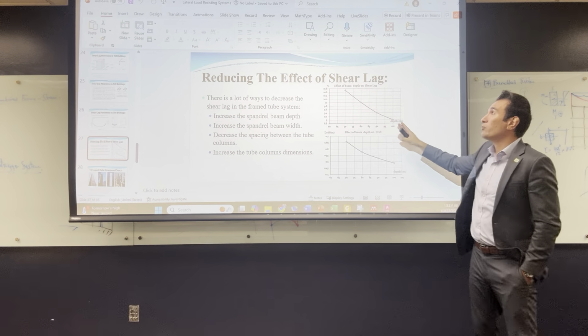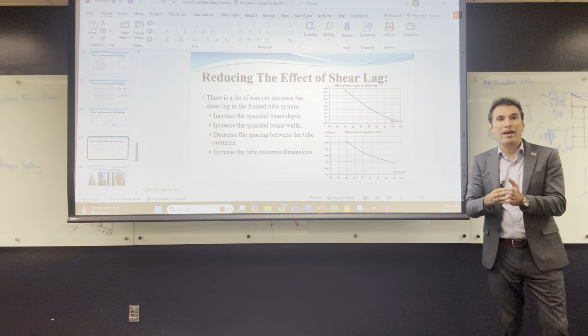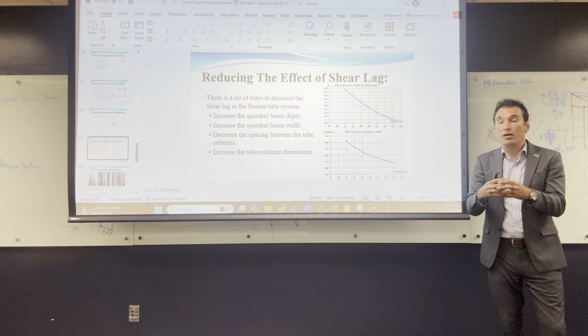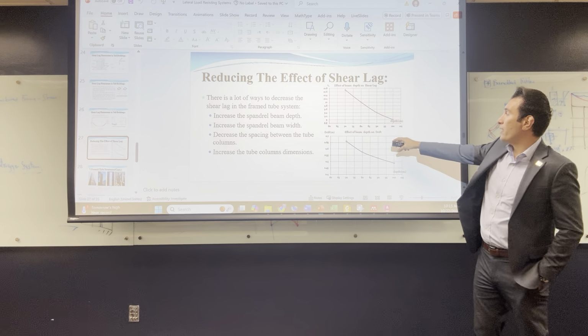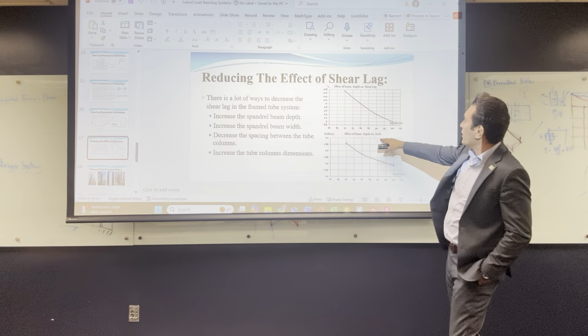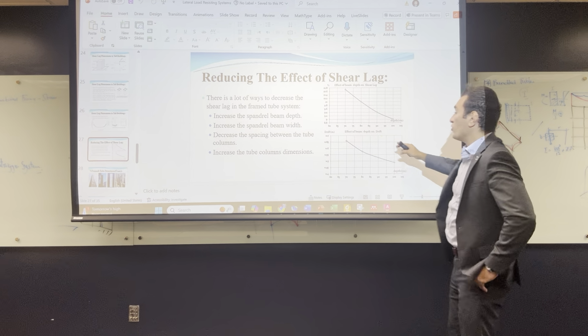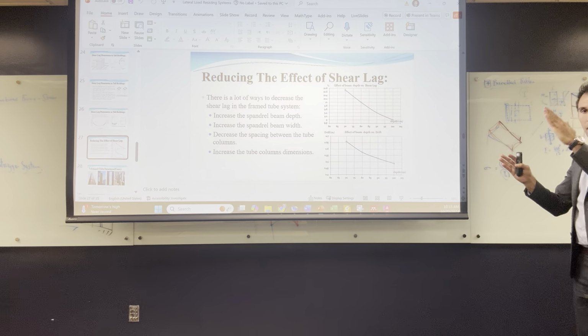It's 1%, but it's still something. And it's the beam, not the columns, okay, and not the spacing. The spacing is the one that is going to impact much more because you make all the columns close to each other. And this one is the effect of the beam. That's the shear lag and that's the drift. When I say drift, I mean how the building is displaced.